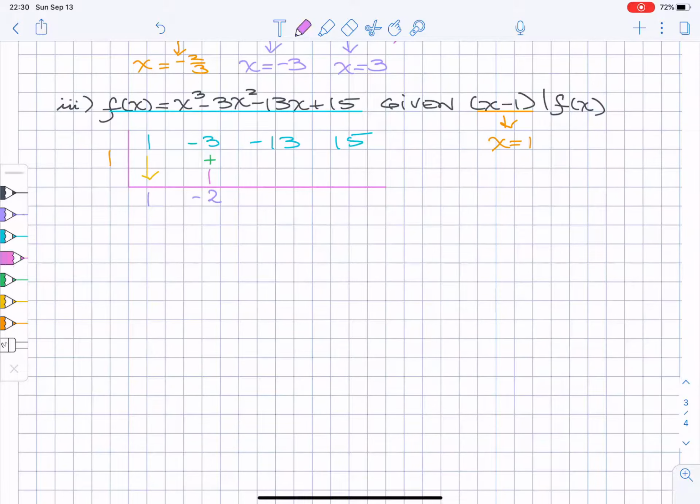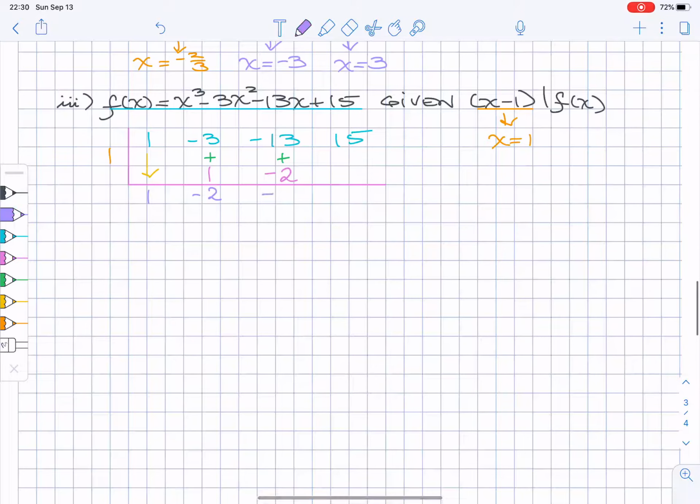And we start again. Negative 2 times 1 is negative 2. We add this column together, we get negative 15. Negative 15 times 1 is negative 15. Add this last column together and the remainder is 0 as it should be.